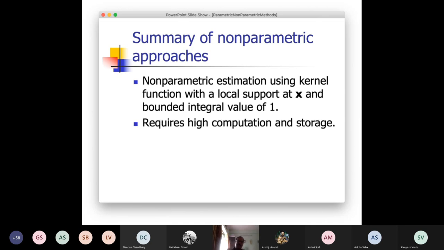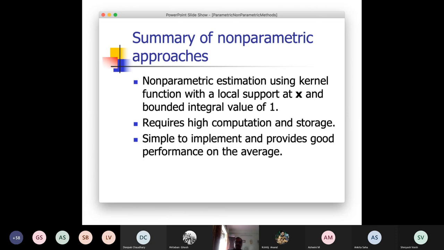Naturally, since every time you are using the whole data set, training data set or input instances, it requires high computation and also storage. But it's very simple to implement, and also it provides good performance on the average.